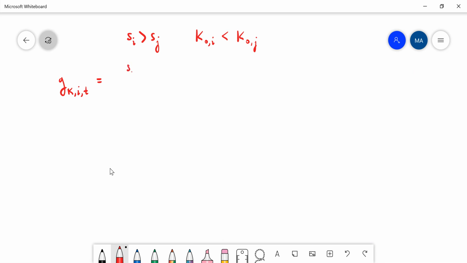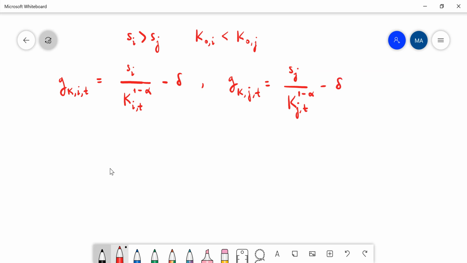Well, it will be s_I divided by k_It to the 1 minus alpha, minus delta. And in country J, it will be s_J divided by k_Jt to the 1 minus alpha, minus delta.